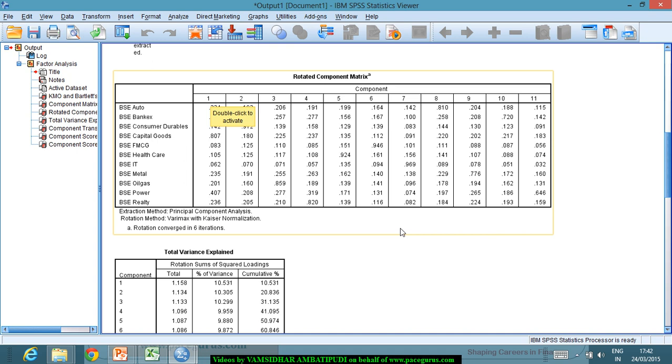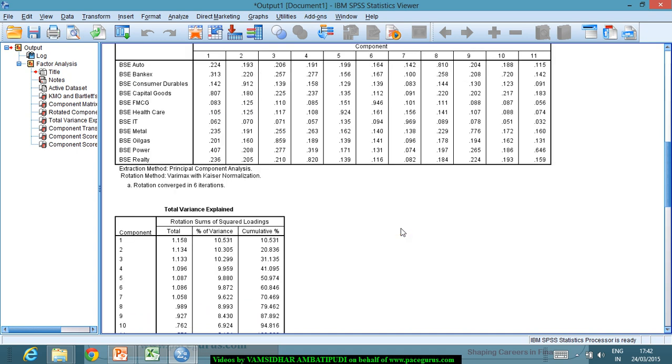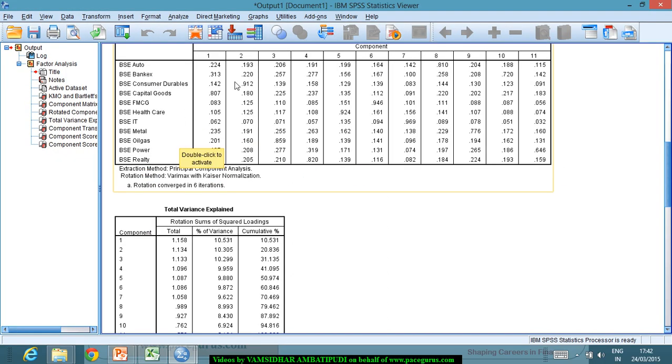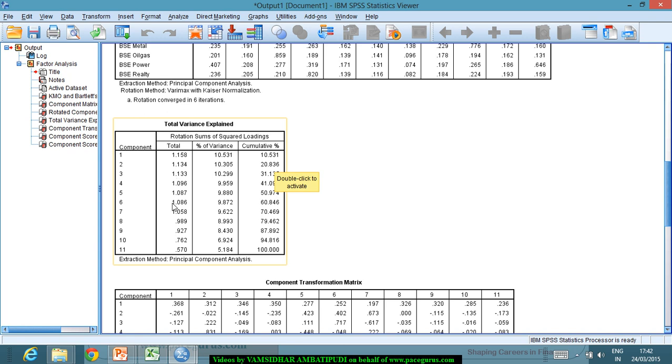So these are the 11 components that got formed, which I call component 1, component 2, up to component 11. These are the eigenvalues. The eigenvalues are coming out as 1.15, 1.13, and so on.